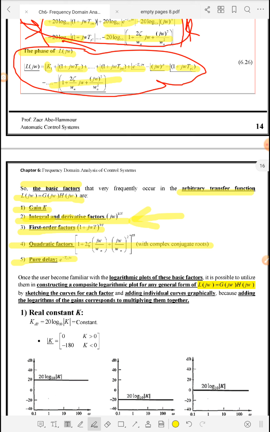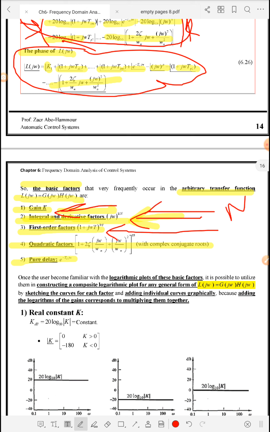Again, what are they? They are the constant gain K, and the poles or zeros at origin. They are real poles or zeros with multiplicity Q, while for the poles and zeros at origin, we assume their multiplicity is n. For real poles or zeros, multiplicity is Q. And the fourth term is complex conjugate roots, and the fifth term is the pure delay.